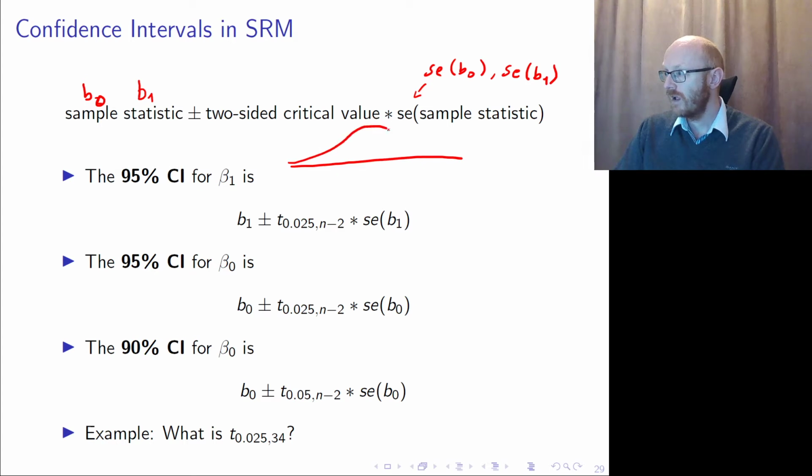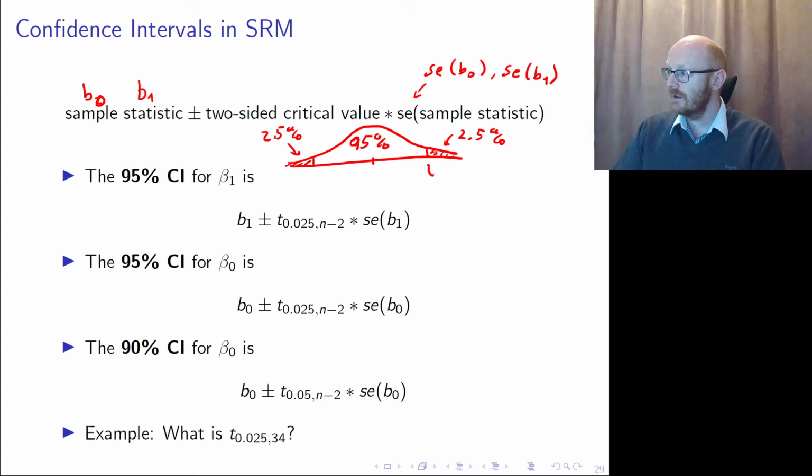Then you can find, for example, the 95% confidence interval by going a certain number of standard errors away from your observation, such that the tails contain 2.5% probability, which leaves 95% probability here in the middle.